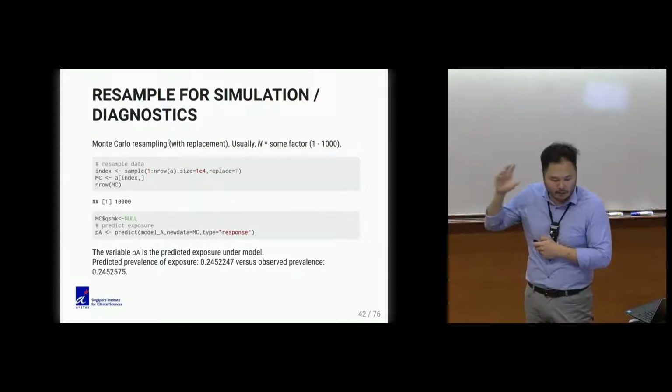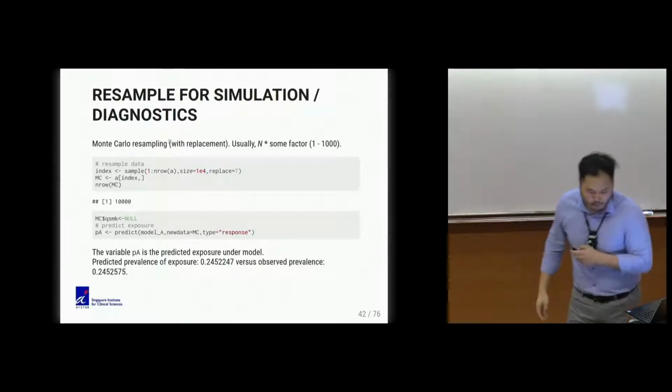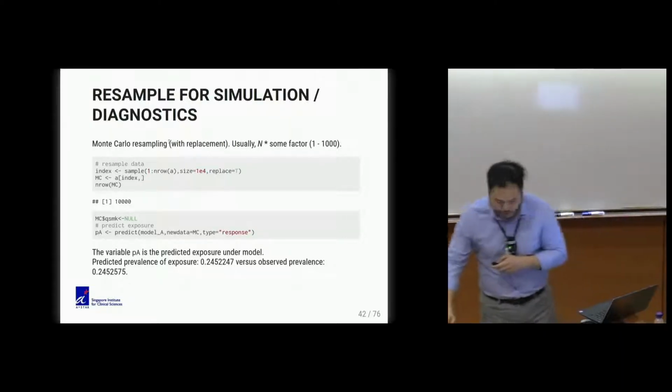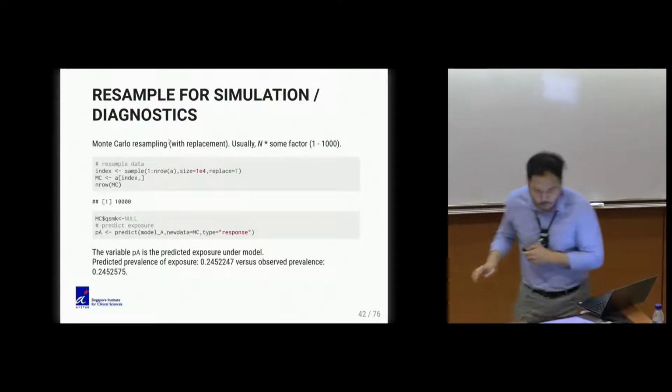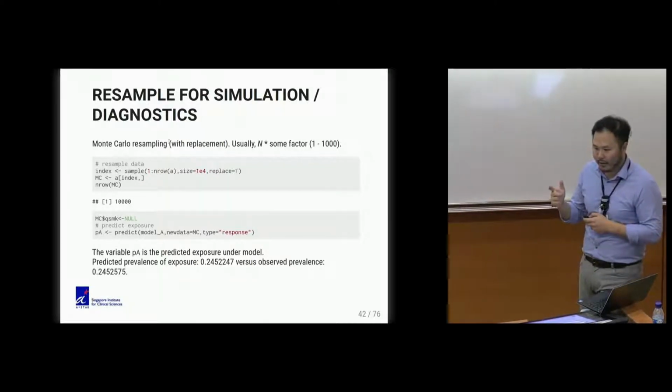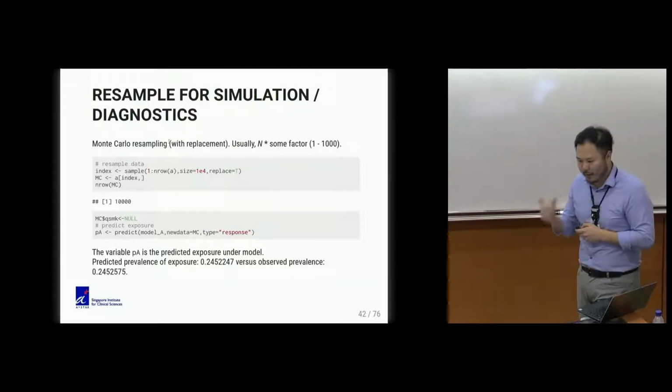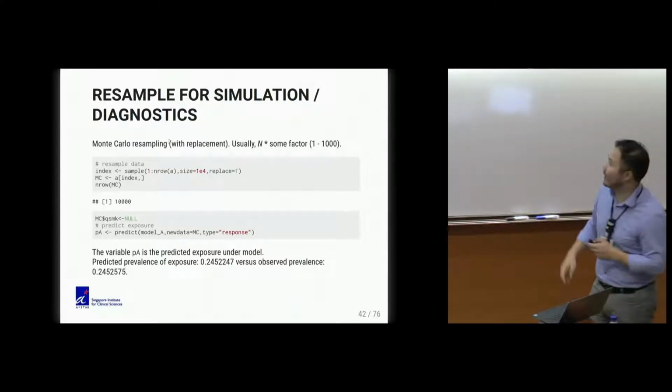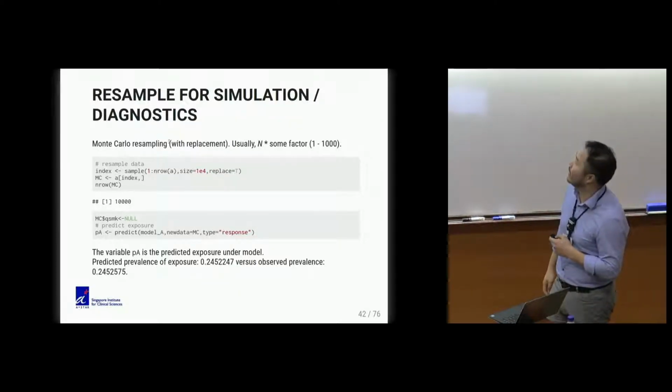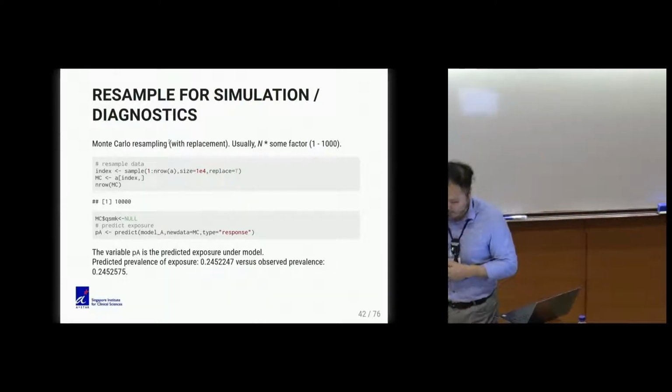That model is based on covariates; we predict with model A, and set it to this variable here as an intermediate step. And as a check to see whether we did a good job fitting that model, we can compare that to the observed one. You'll see that using our model to predict the probability of exposure, we get about 24.5%, and the actual observed in our data set is 24.5%. So we did a pretty good job.